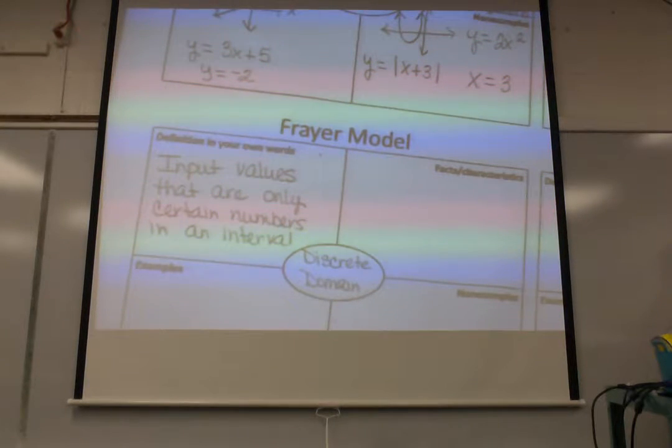Does anybody know what that means? Like, what is that even talking about? It's like specific points in the number line. Specific points on a number line. I agree with that.